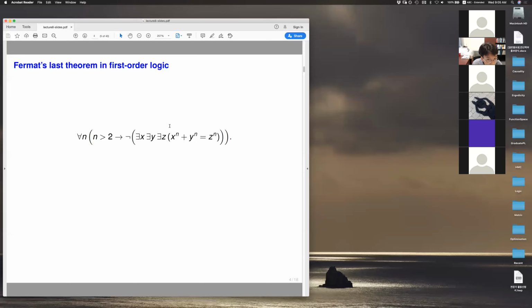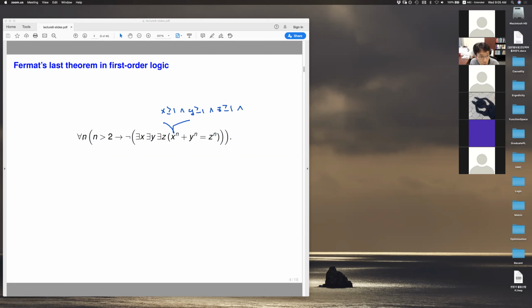So instead of just this equality, we should have some other statements, say x is greater than or equal to 1, and y is greater than or equal to 1, and z is greater than or equal to 1. This statement, in first order logic, expresses Fermat's last theorem.